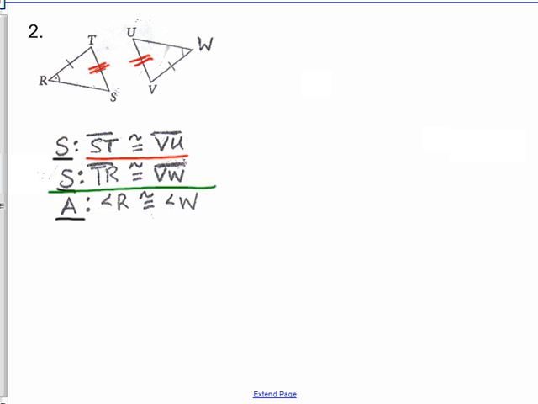TR is congruent to VW. And angle R is congruent to angle W. All right, can I say that these triangles are congruent, and by what reason?